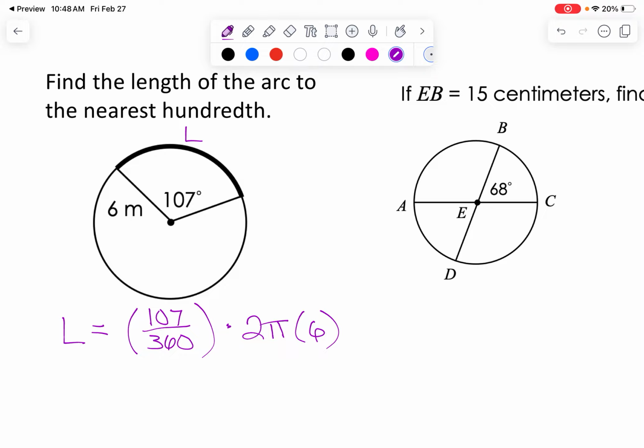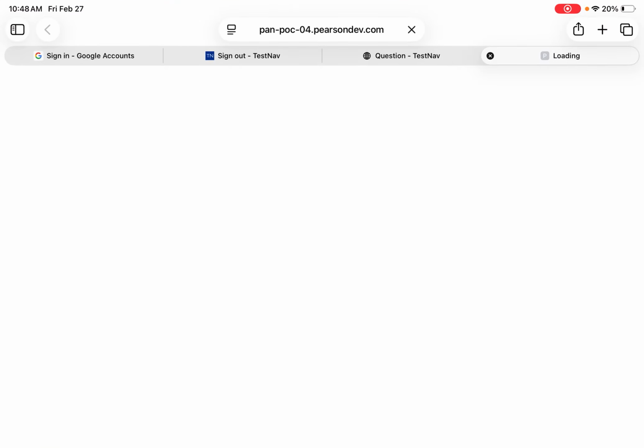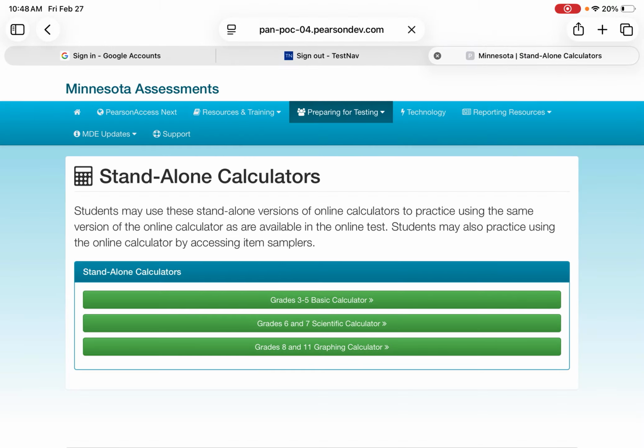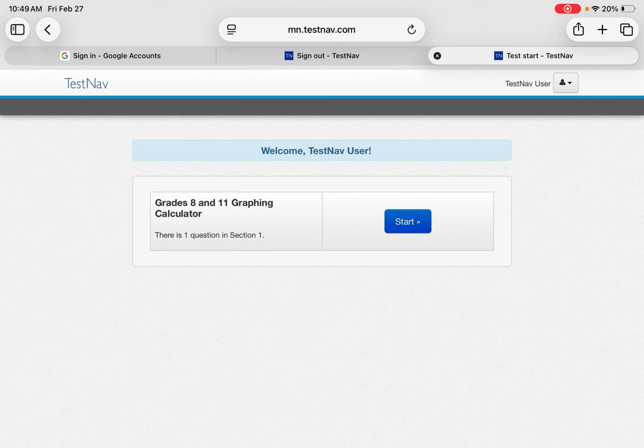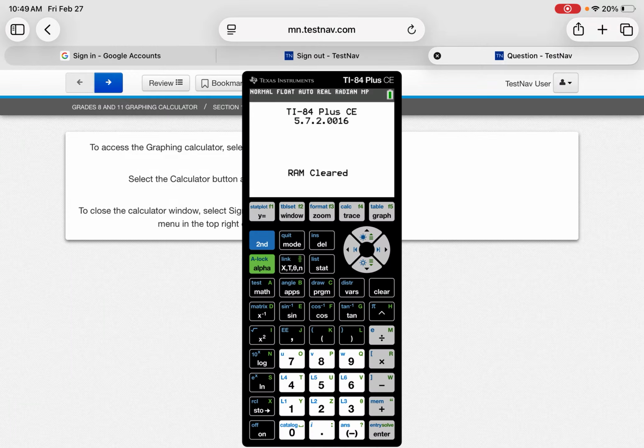Okay, so you can enter this into your calculator just like that. I will do this once just so you know how it's done. Let me do it on my calculator here. All right, start it up. Okay, so I had in parentheses 107 divided by 360.